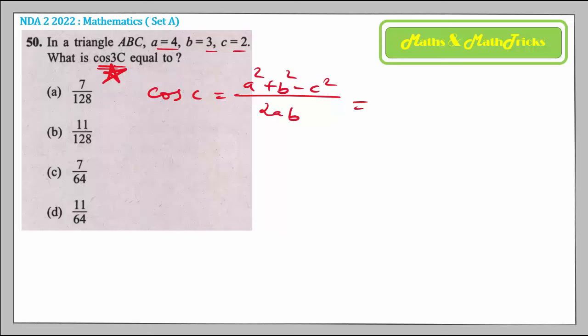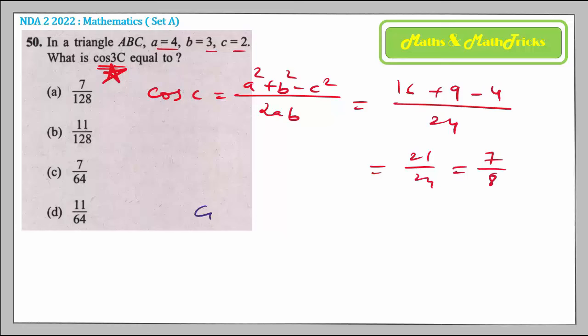So what the cos C will be? A square 16, b square 9, c square 4, divided by 4 into 3 into 2, which is 24. So you can see that 25 minus 4, 21 by 24. So it's 3 7s are 21, 3 8s are 24, 7 by 8. And what is cos of 3C formula? It is 4 cos cube C minus 3 cos C, the formula. Okay.